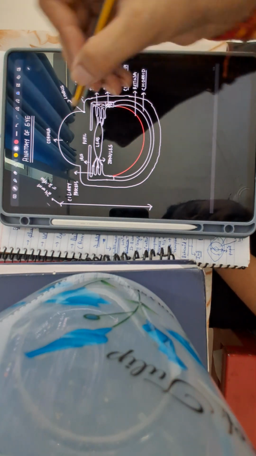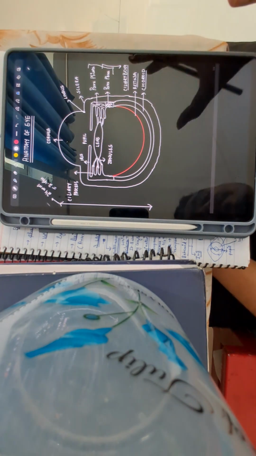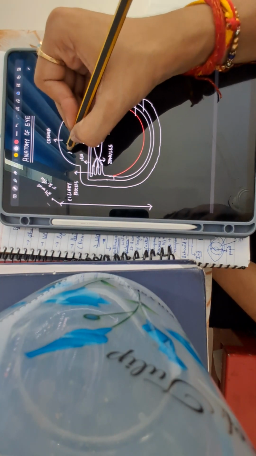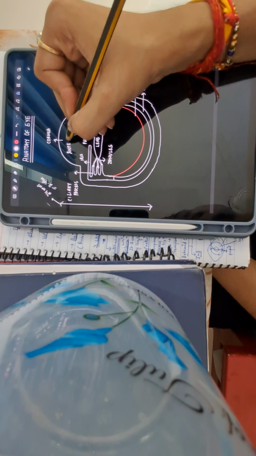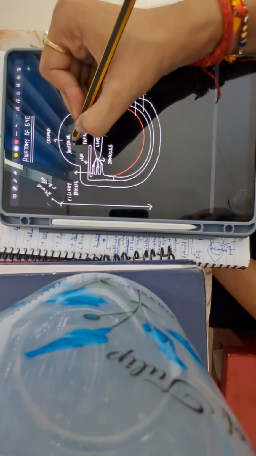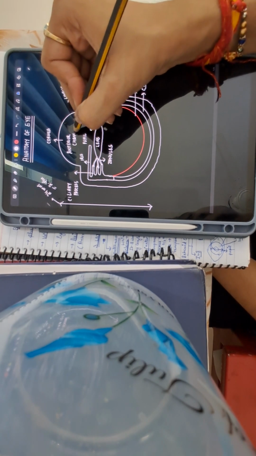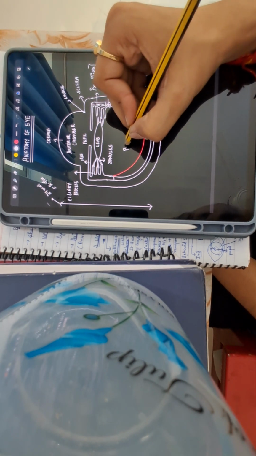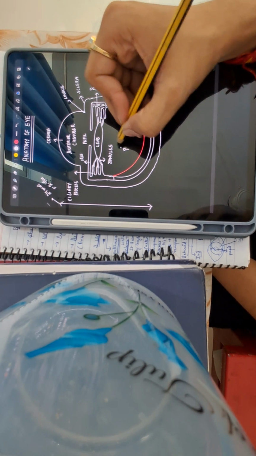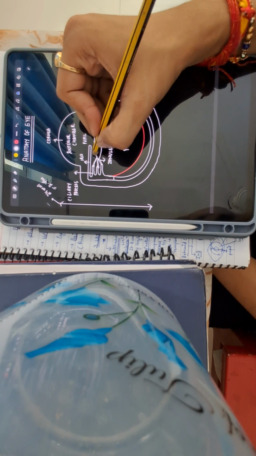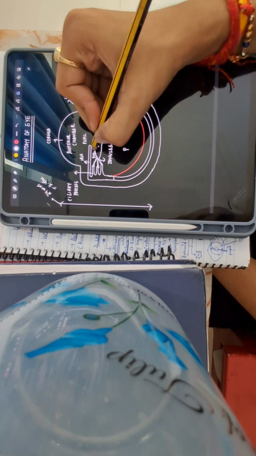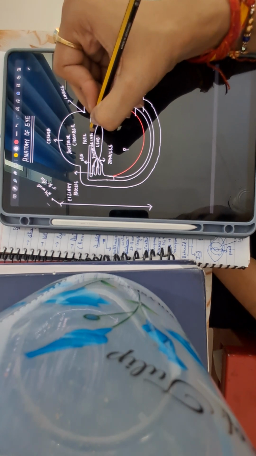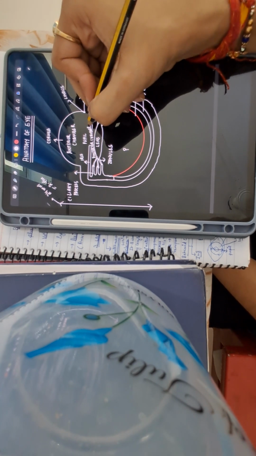And then after this, I have also not told you that this is considered to be the anterior chamber, and this is the posterior chamber.